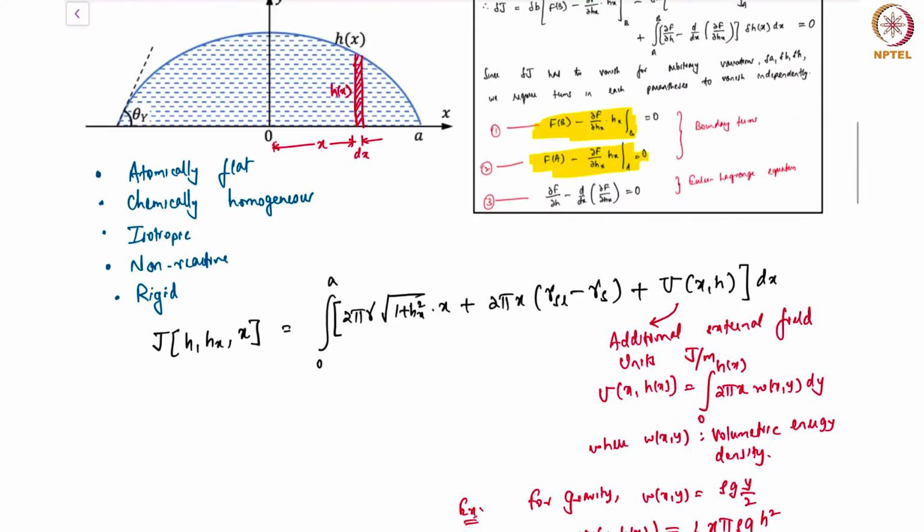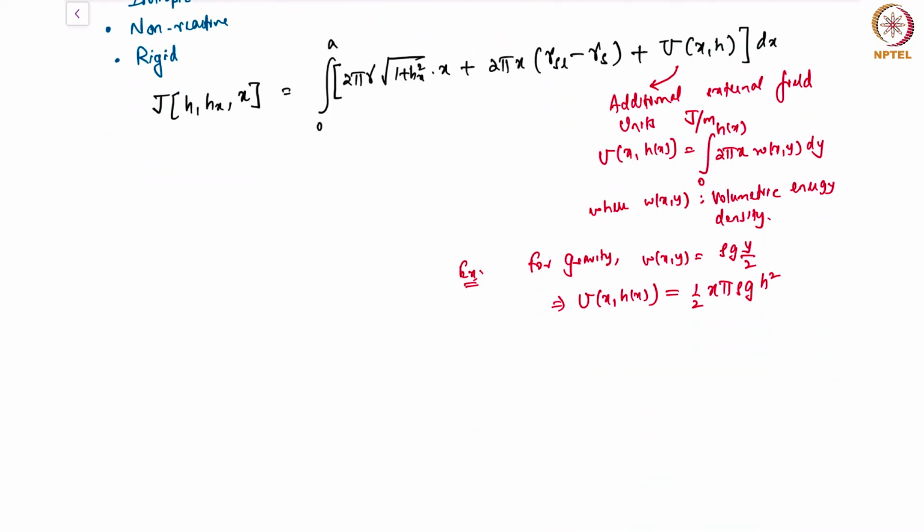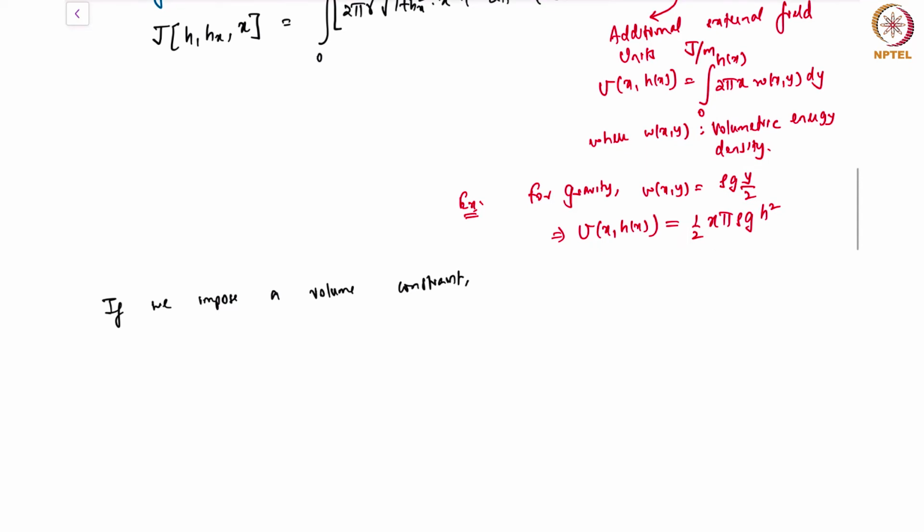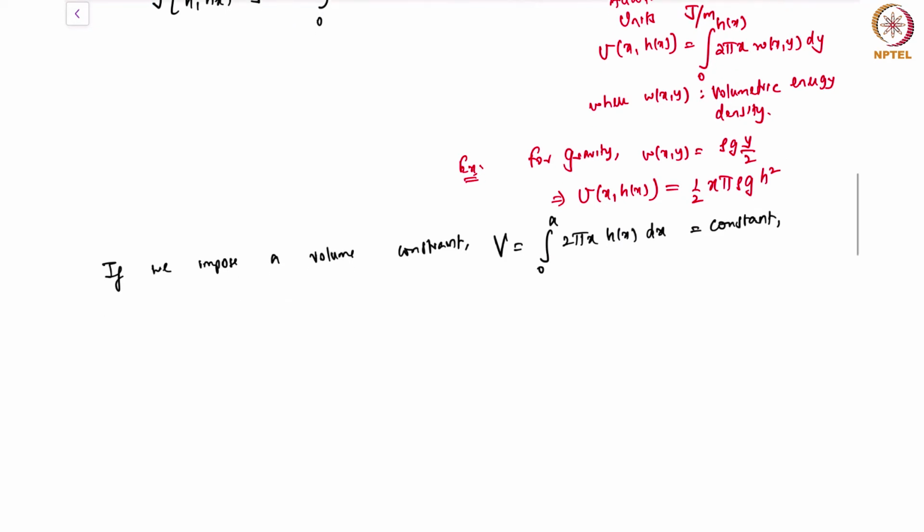Now, if we just take this energy functional, we have not imposed a volume constraint. If the droplet does not evaporate, in other words, if we impose a volume constraint where the volume V would simply be the integral from 0 to a of 2 pi x h of x dx, and we say that this volume is constant, recall that the way we do this is basically to use the method of Lagrange multipliers.